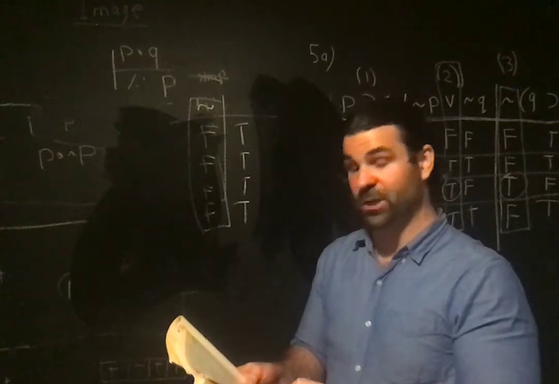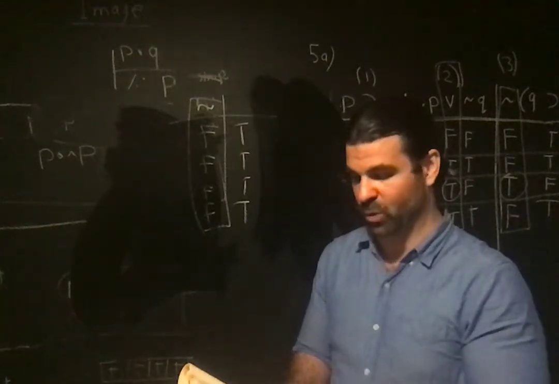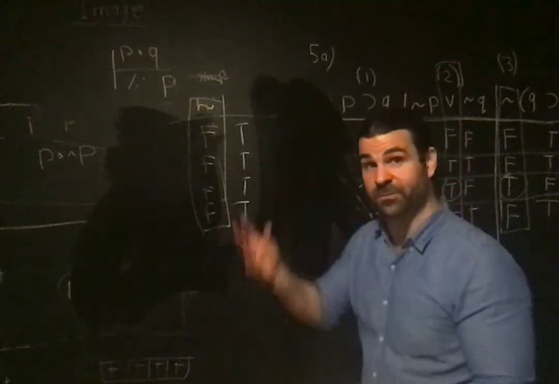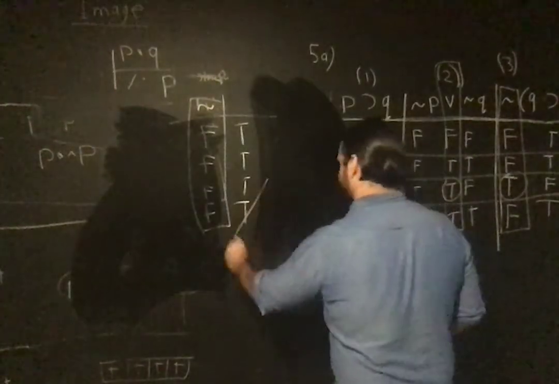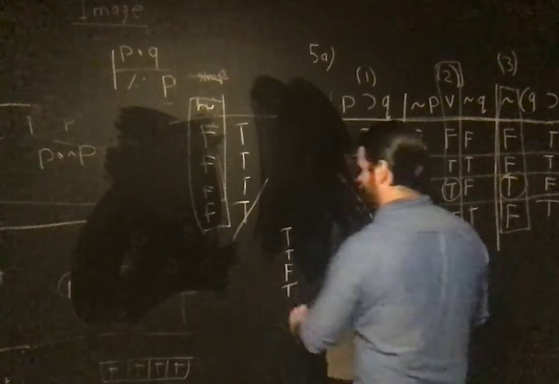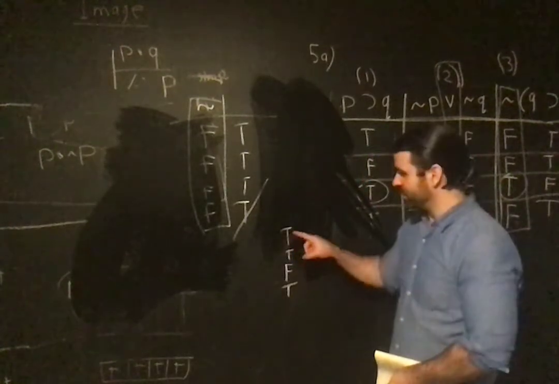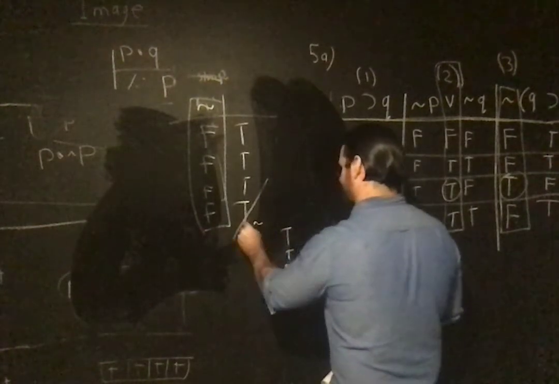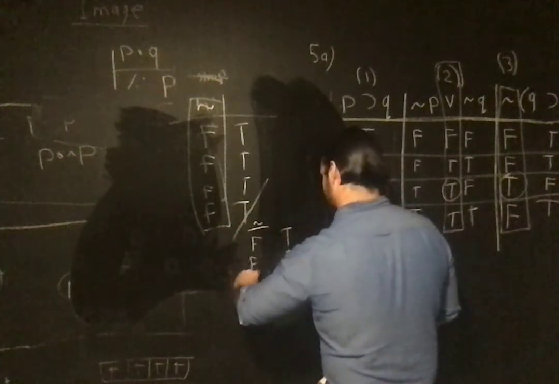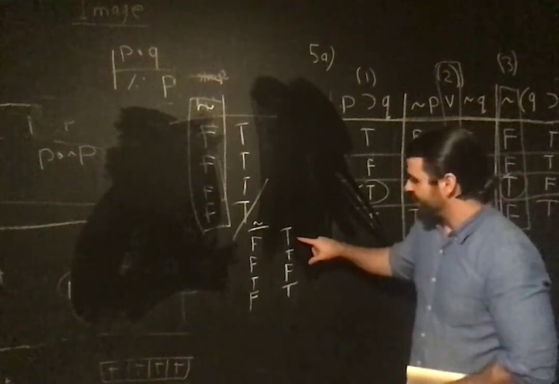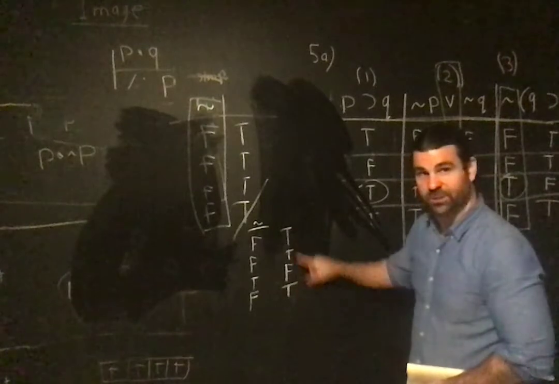What is the negation of a contingent form, and why? Think of the image for a contingent form. It's sometimes T, sometimes F, at least one T, at least one F. The negation of that, well, T's are going to go to F. It's going to be F, F, F, T, F, right? Doesn't have to be exactly this, but some T's and some F's, that's what a contingent form is.